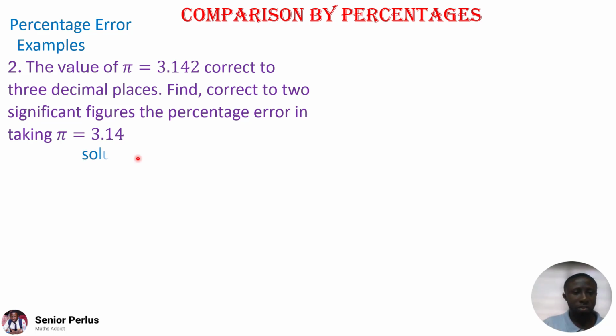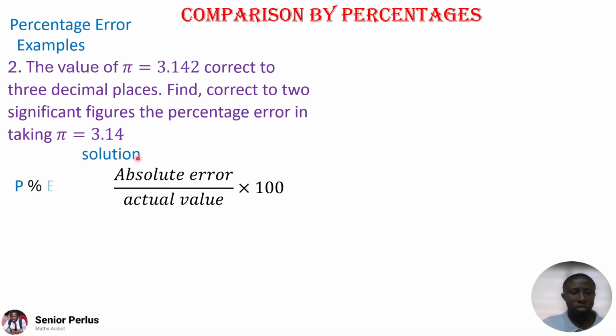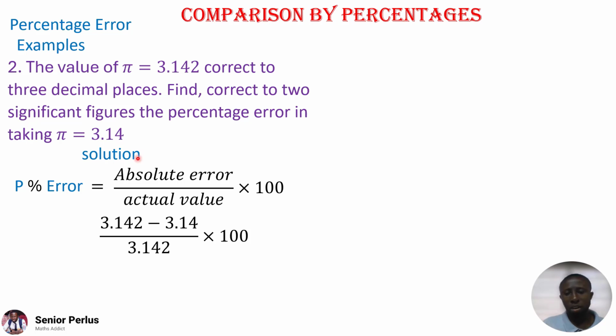They say we should find it. Solution: percentage error, just absolute error out of the original or the actual. It was 3.142 before moving to 3.14. Okay, so this is the original, the actual one, before the person made an error of this.